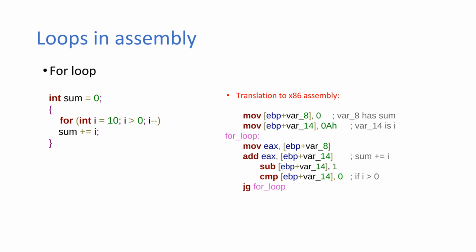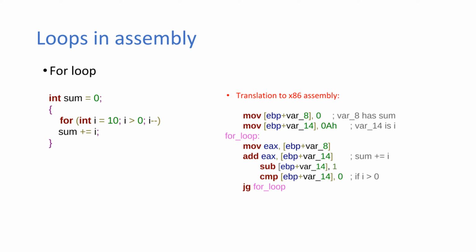Let's have a look at how for loops work within assembly. We see that sum is of data type int, which is assigned a value 0, and i is initialized with value 10. In the corresponding assembly, sum is in var 8, which is assigned value 0, and var 14 contains the value i, which is 10.